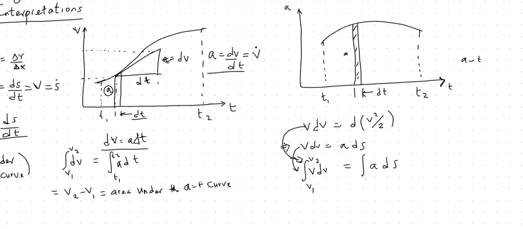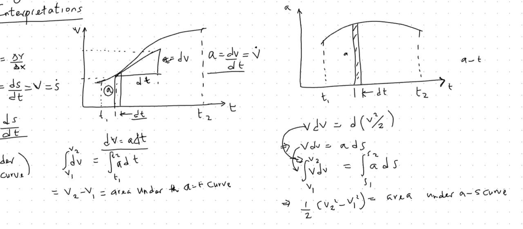So if I integrate the left-hand side, it's going to give me half into bracket V2 squared minus V1 squared, equals the area under the AS curve.